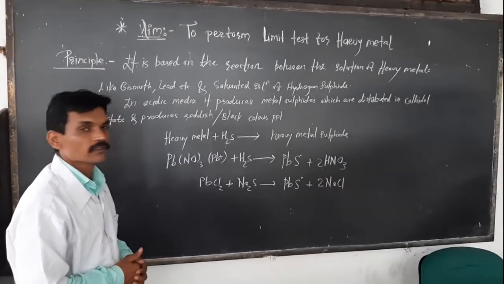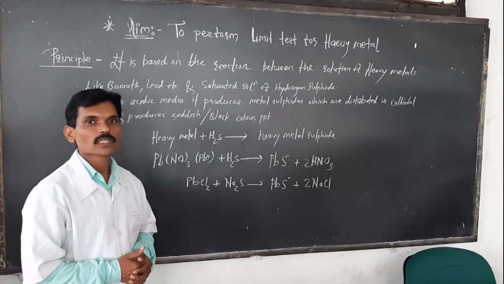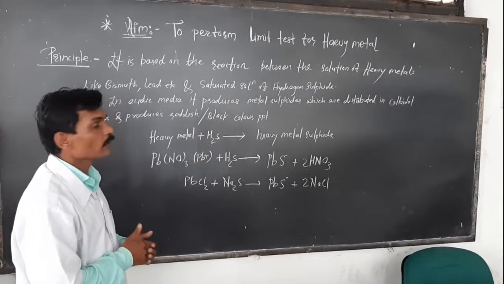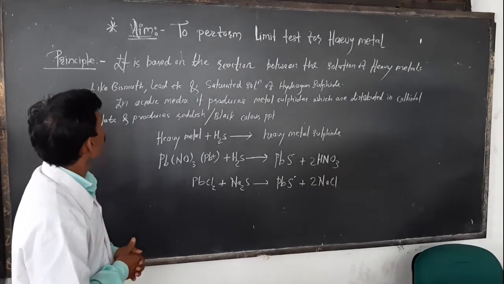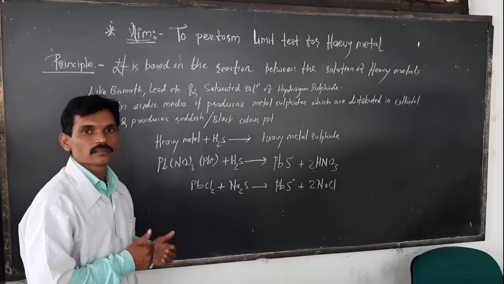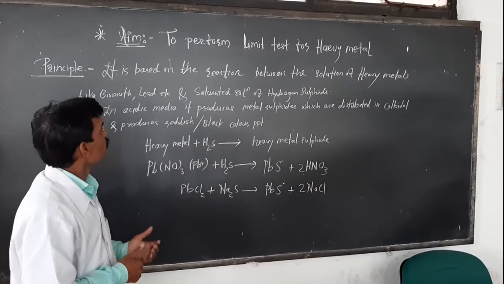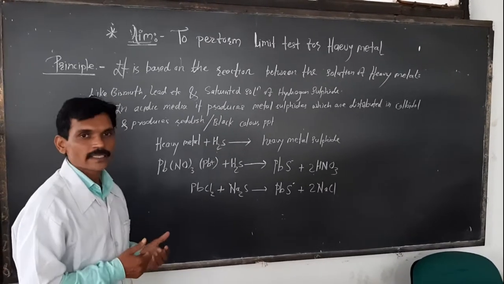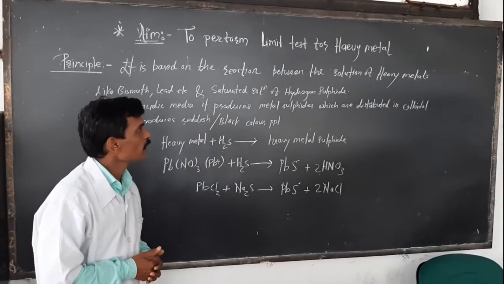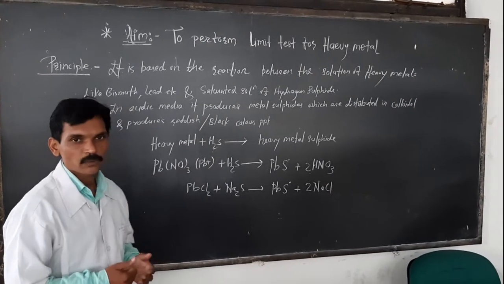Welcome to this session. Today we are going to perform a limit test for heavy metals. For this heavy metal limit test, we require a standard solution of heavy metal and a saturated solution of hydrogen sulfide.